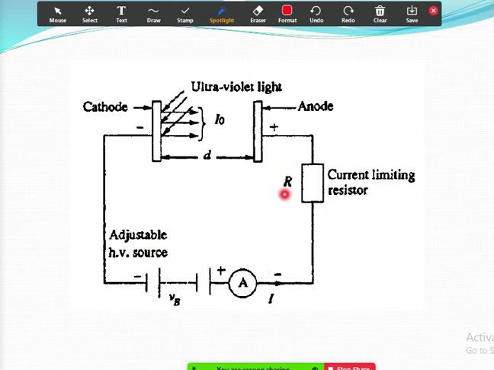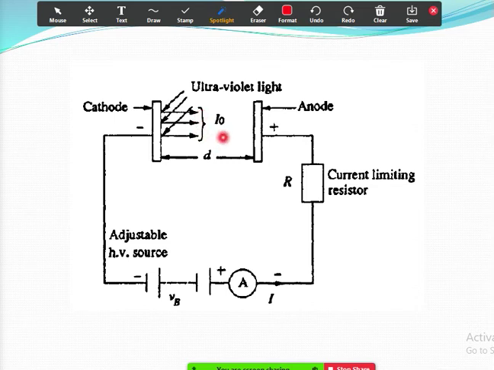As we increase the voltage using this adjustable high voltage source, at some point breakdown may occur and a spark may initiate between these two electrodes, or there is electric discharge. Electric discharge means nothing but flow of charge carriers.